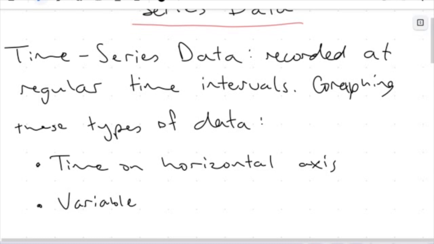This can be temperature, stock price. We're going to look at a couple of these examples. So variable on the vertical axis, because this is the thing that's changing with the time.